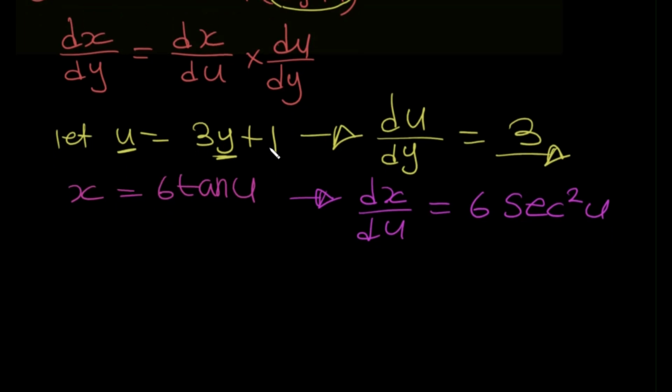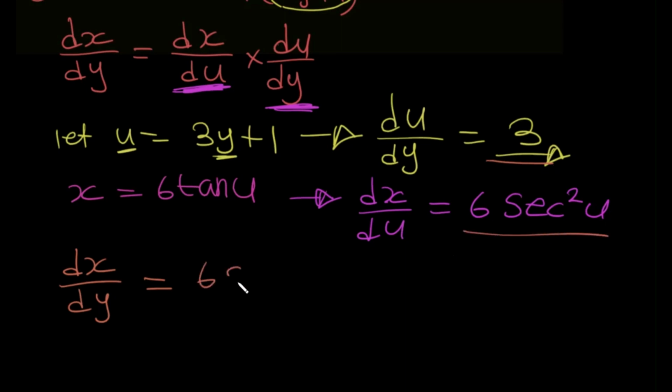Alright, so do we have dx du? Yes, we do. Do we have du dy? Yes. So let's go ahead and tie everything together. That becomes dx dy, which is dx du, that 6 sec squared u multiplied by du dy, which is 3.